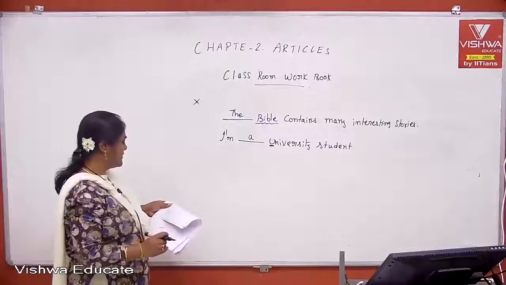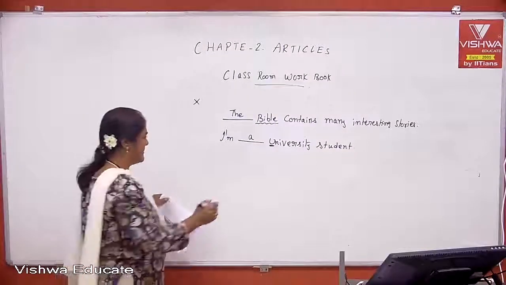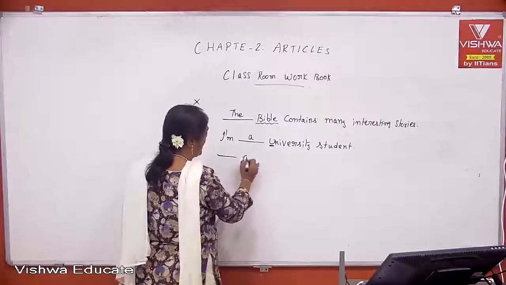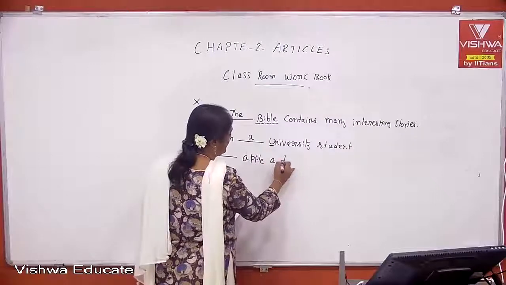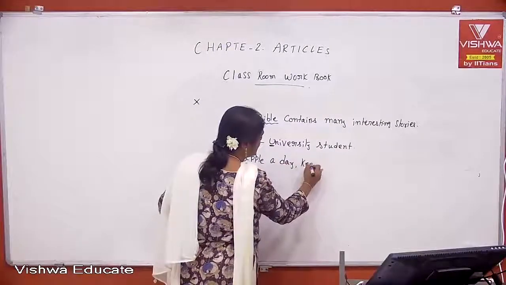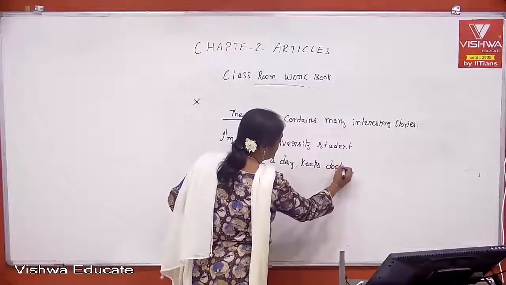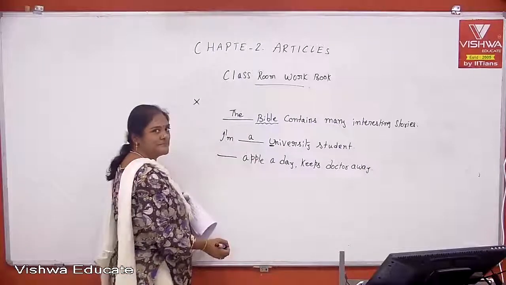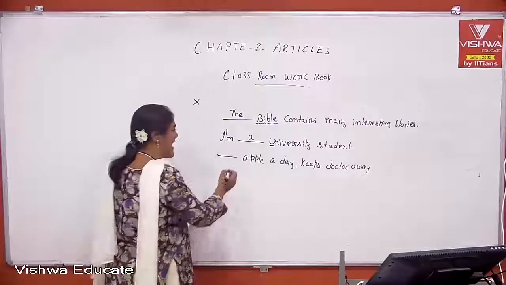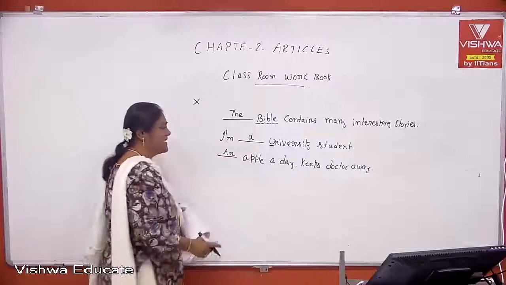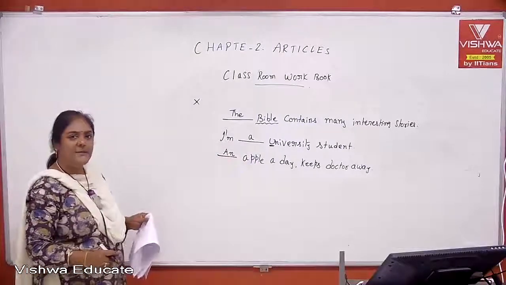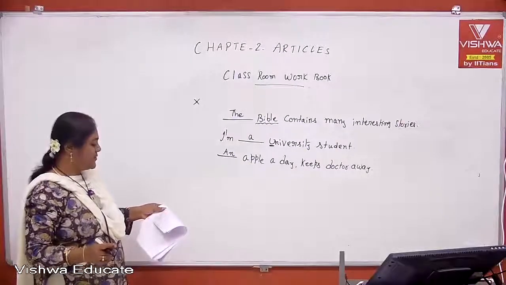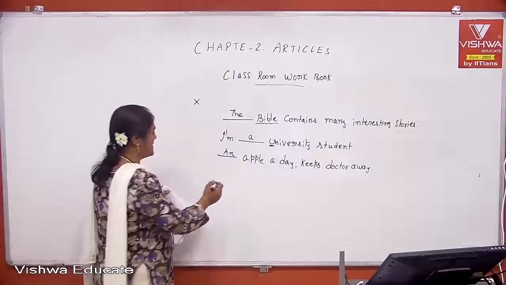Next. Look at the third one. This you know very well. Dash apple a day keeps dash doctor away. What do we take here? Tell me, what do we take here? An. Correct. An. An apple a day keeps the doctor away. Fourth, Newton was dash great scientist.